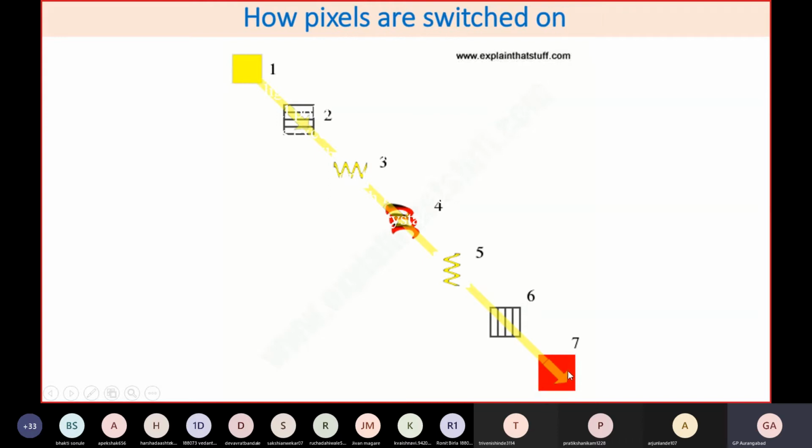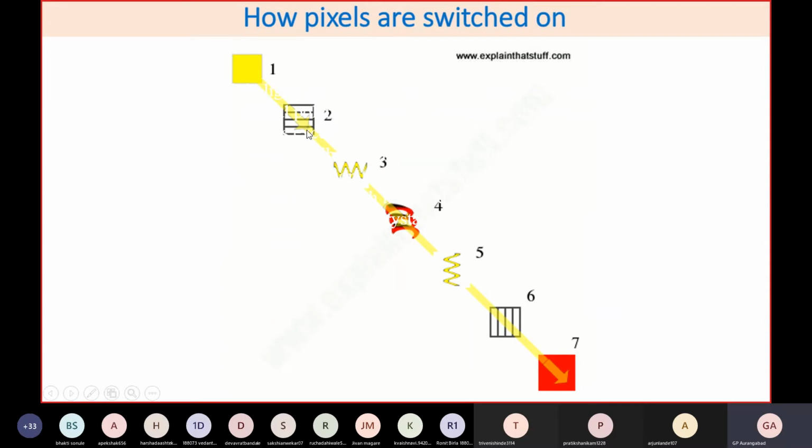Now when I say it becomes red, that means only red light is coming and is incident on this. When only G is incident, or when the intensity is with respect to only G, it will focus only on G. But if you want millions of colors, how will these be produced?